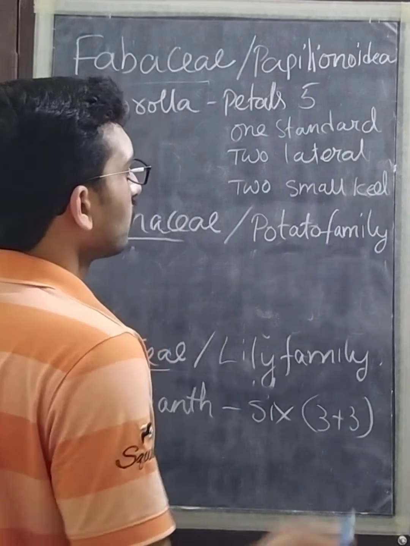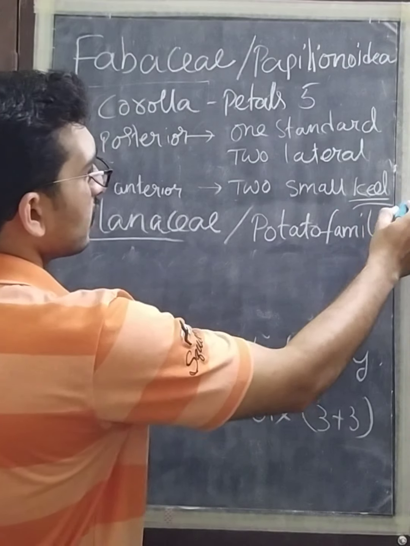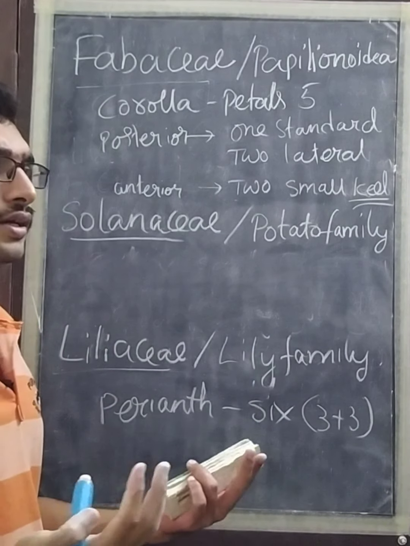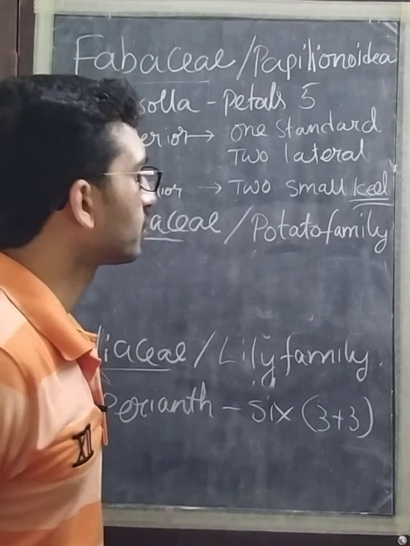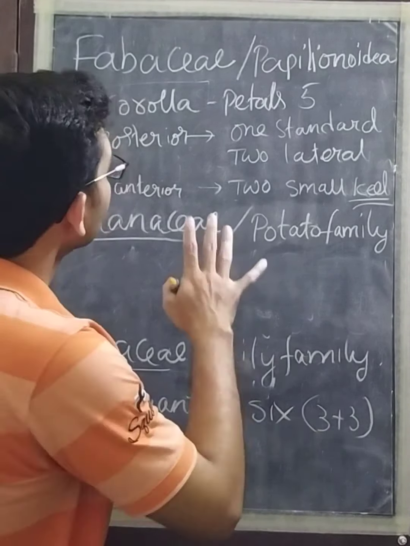They are placed at the anterior of the flower. The one standard petal is placed at the posterior side. So, posterior side, one standard petal; anterior side, 2 small keel petals. This keel petal can enclose the androecium and gynoecium of the Fabaceae family.